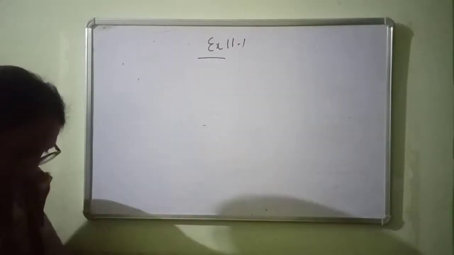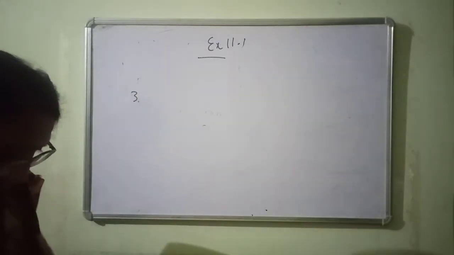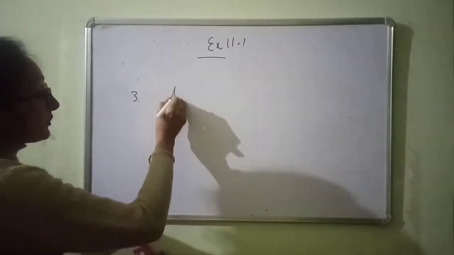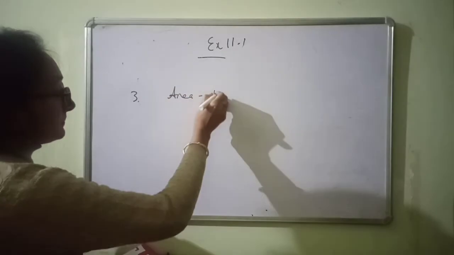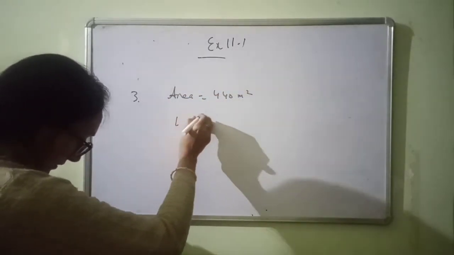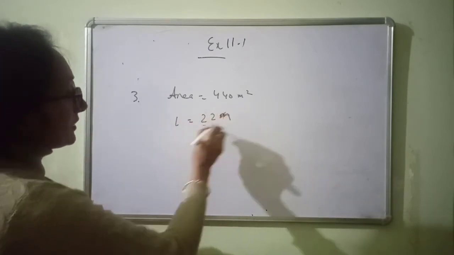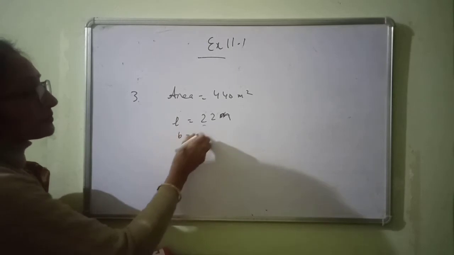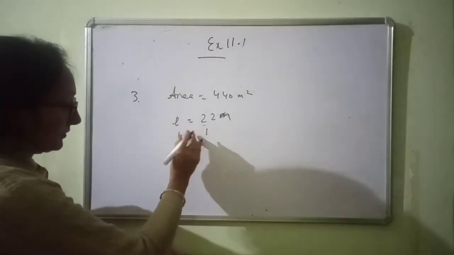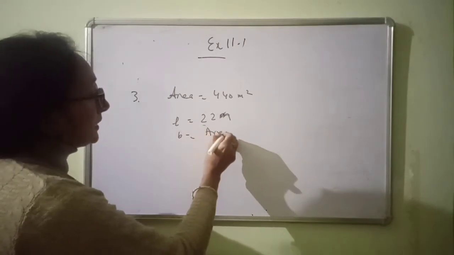Now move to the next question, number 3. Find the breadth of a rectangle plot if its area is 440 meter square and length is 22 meter. We have to find perimeter also. So I will tell you one formula. First we will find the breadth, which is equal to area upon length.